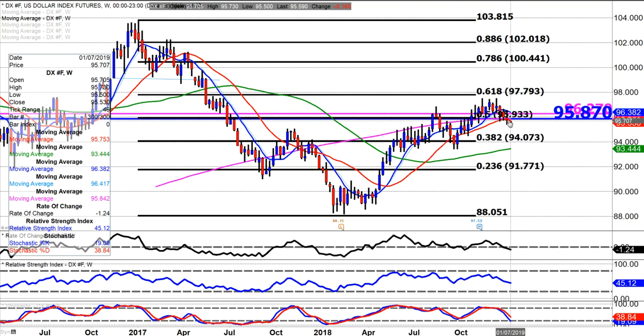But if we start to take out the low of last week, which was 95.37, then we're going to come back to within this band here, and that would push the euro up to about 15.5, 15.75, possibly 16.